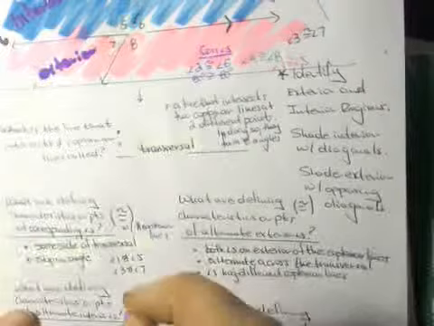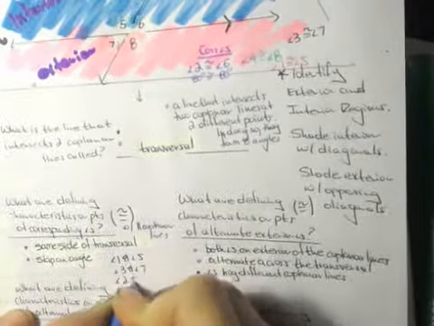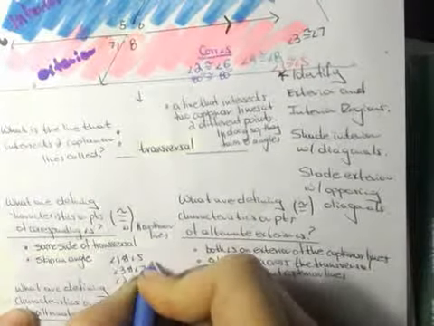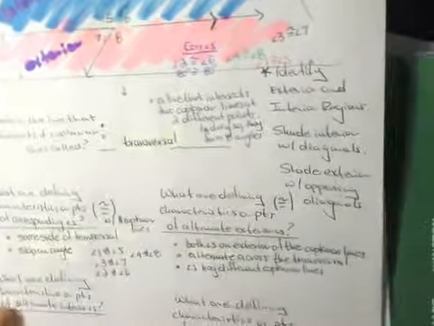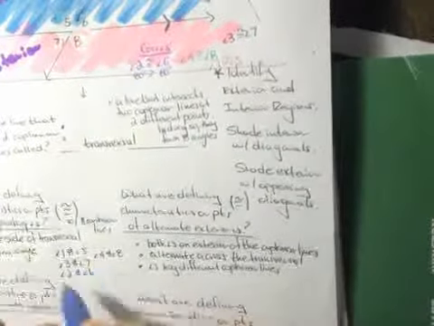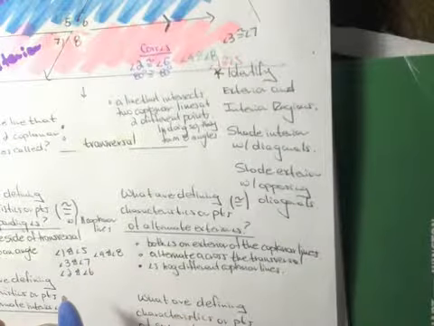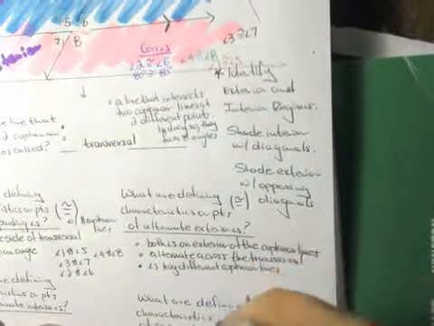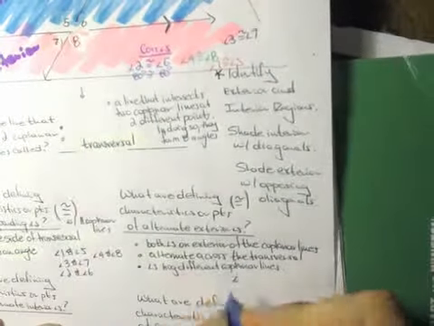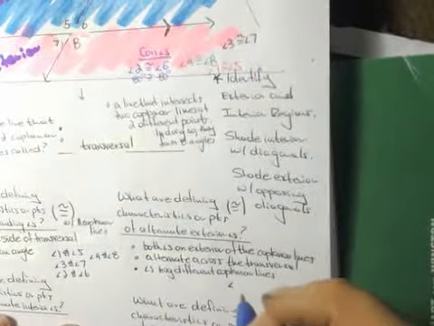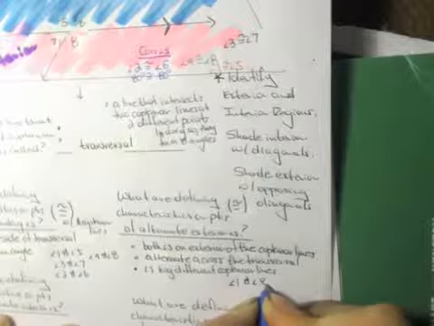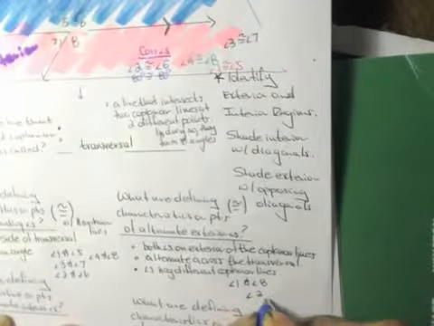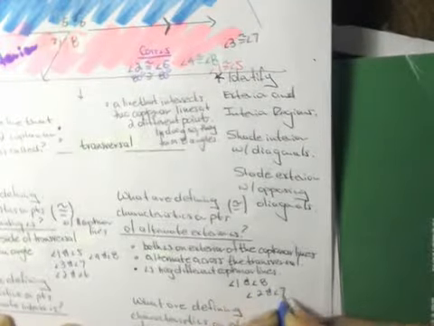We can say angle 2 and angle 6, and angle 4 and angle 8. These angles, whatever their angle measures are, are going to be equal because we have parallel lines. And for alternate exterior angles, we have angle 1 and angle 8, and angle 2 and angle 7.